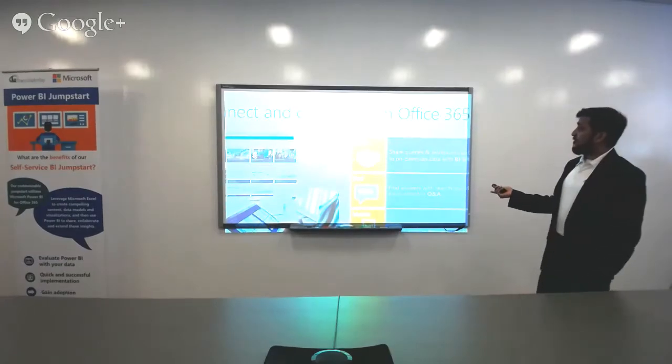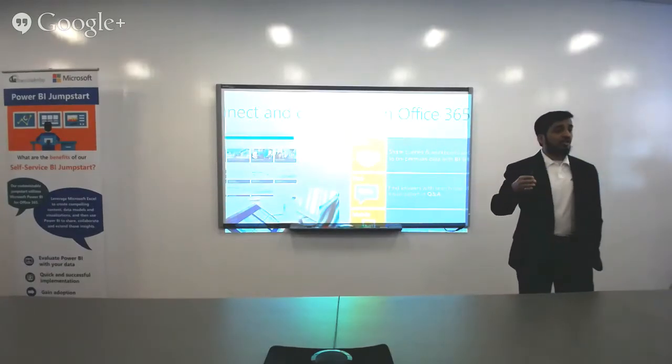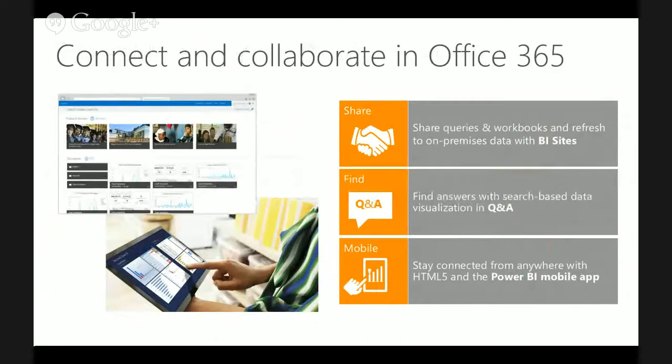So once we've got the three components, take the example of a power user, a person who creates your reports. They would want to publish that report to their company people, to share with more people in the team. That's where you would be using Office 365. This is a new on-cloud SharePoint environment which Microsoft has brought in.